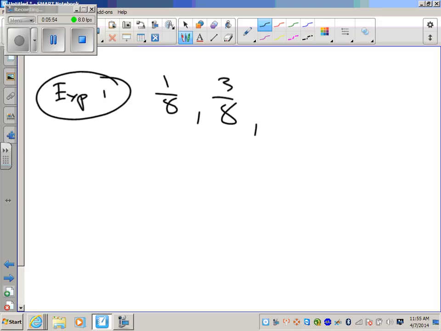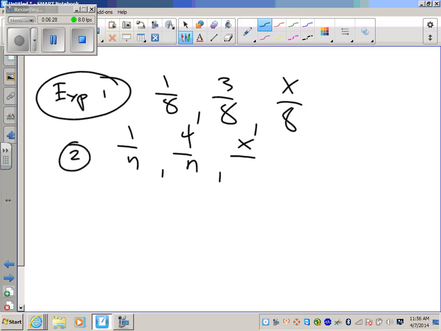How about in X days? Okay. Number 2. Drew can build a garage in N days. What part of it will be done in 1 day? 1 over N. What part of it will be done in 4 days? 4 over N. And how about in X days? X over N. They're just kind of getting you familiar with the rates, how we're going to document the rate.